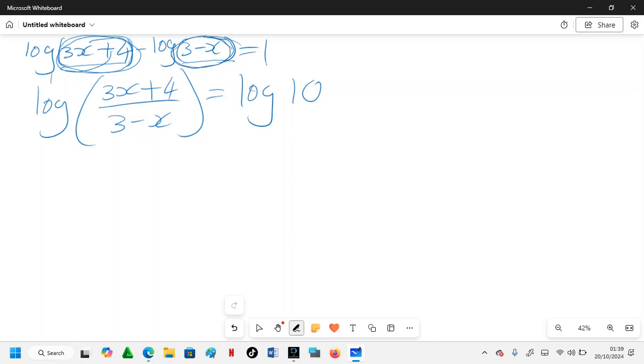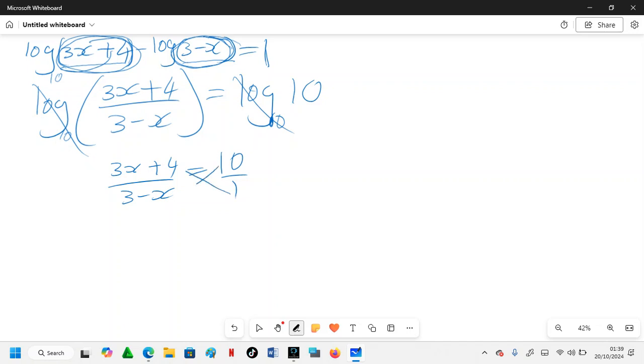And then because we know that these logs are base 10, then we can write 1 as log to base 10 of 10, okay? Then we can drop the logs, right? So that we have 3x plus 4 over 3 minus x is 10.